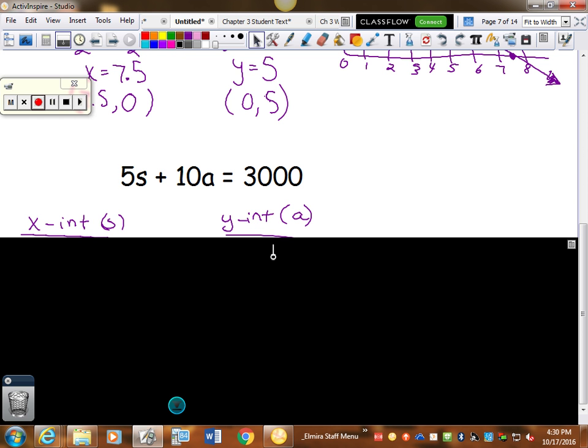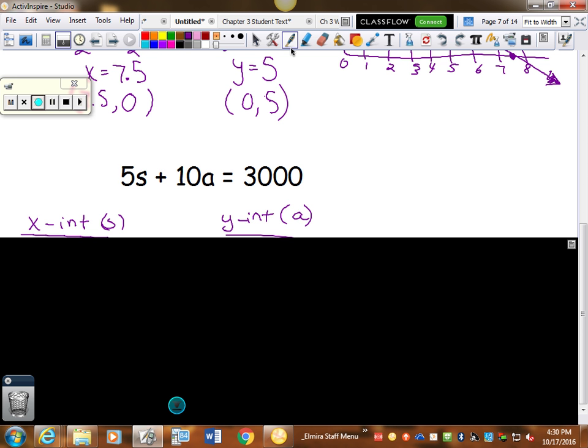We're going to use this same process. But in context, what the intercepts would represent is the situation where all the tickets that were sold were student tickets, or all the tickets that were sold were adult tickets.